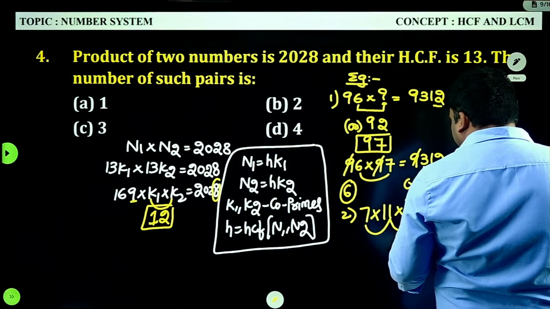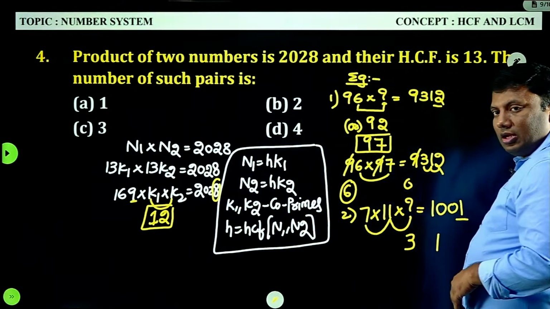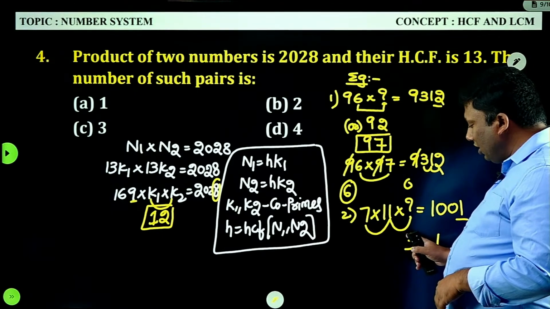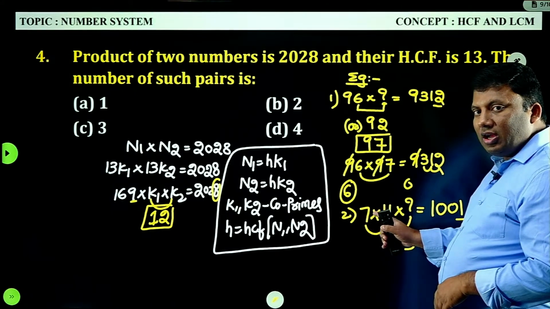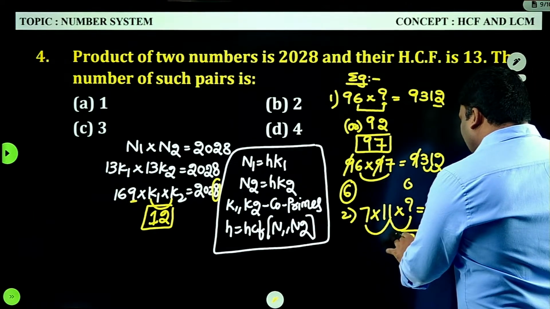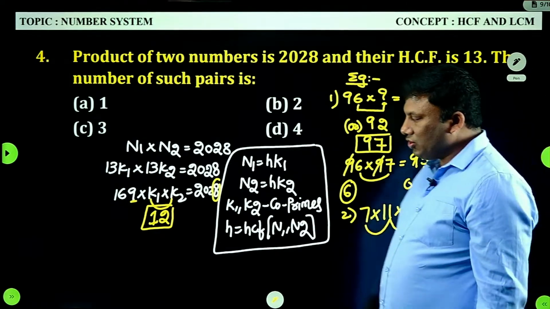It is 3. Should I keep 1 or 2? If I keep 23, 20 tens are 200, 200 sevens are 1400. No, it has to be 30. It has to be 13.